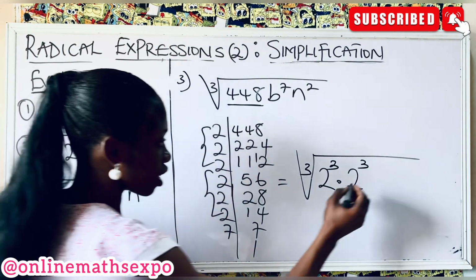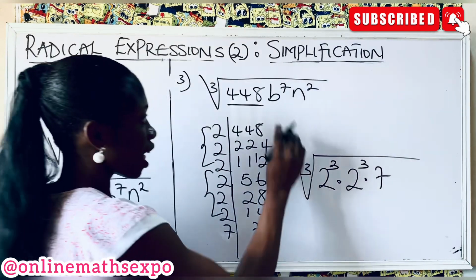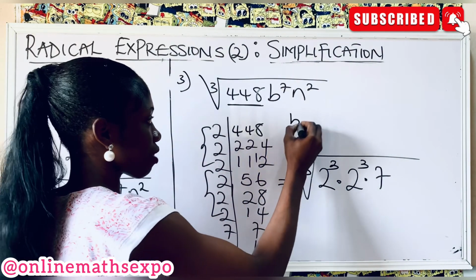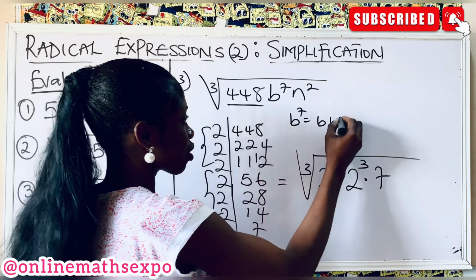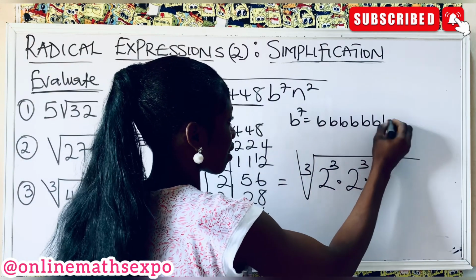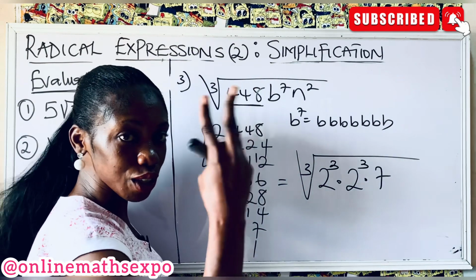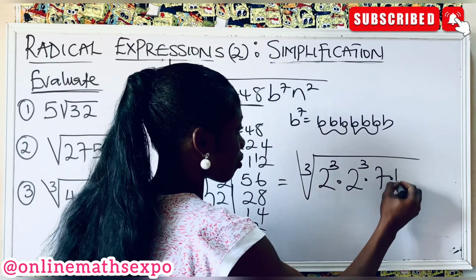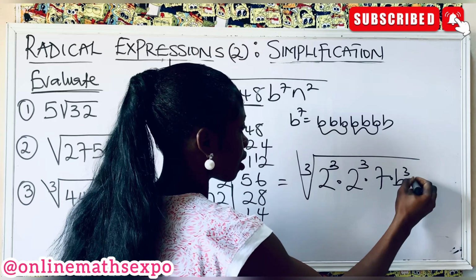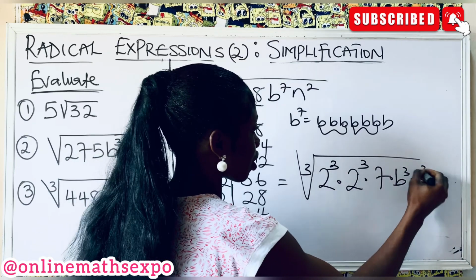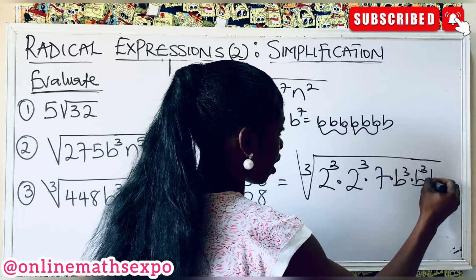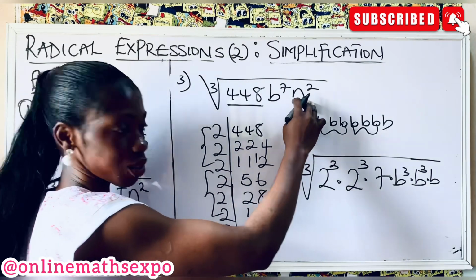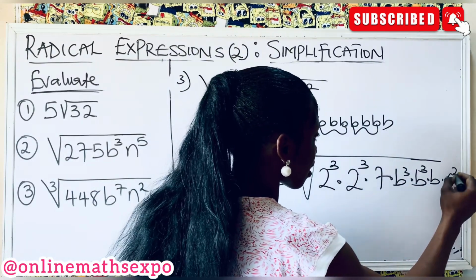We return this 7. Now let's look at b to the power of 7. It is b 7 times. Okay, so group in threes also. We're going to have b to the power of 3, this b to the power of 3, this b will be left. This is not up to 3, so we're going to return it.